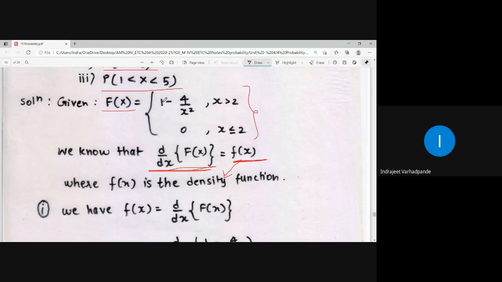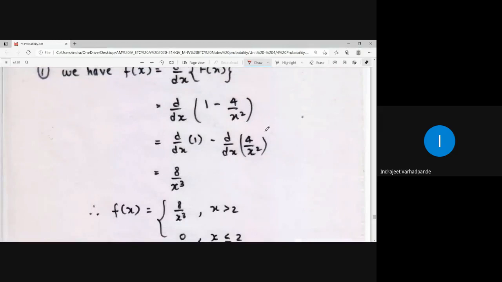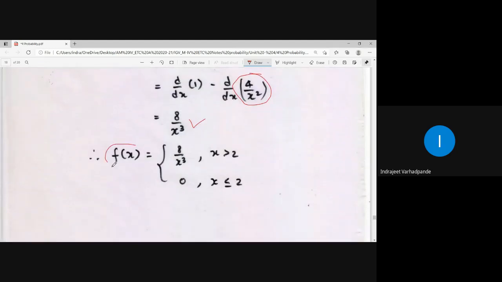So what is the derivative of 1? 0. The derivative of 1 upon x square is minus 2 upon x cube. So the derivative of minus 4 upon x square is 8 upon x cube. So what is our density function? Our density function f of x is 8 upon x cube for x greater than 2 and 0 for x less than or equal to 2.